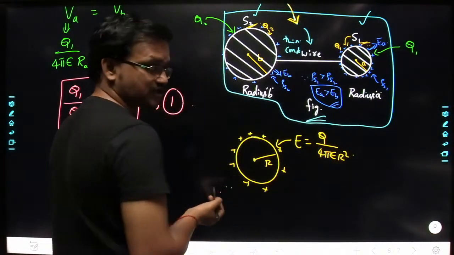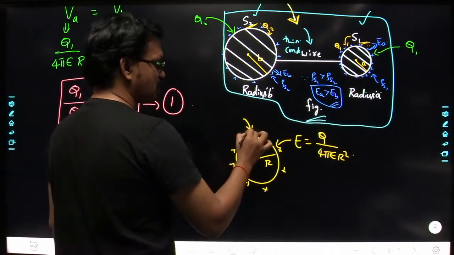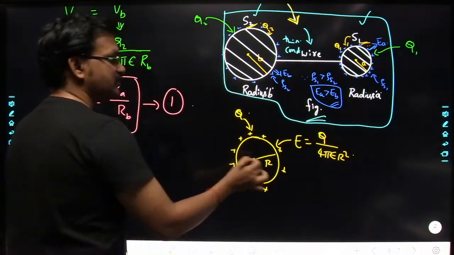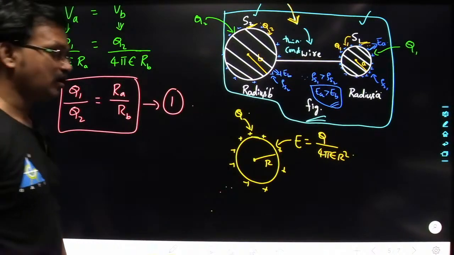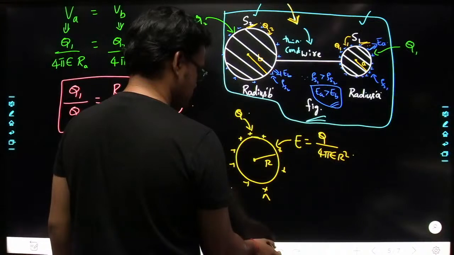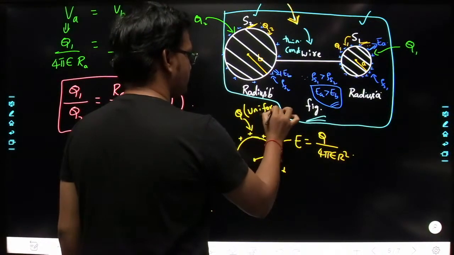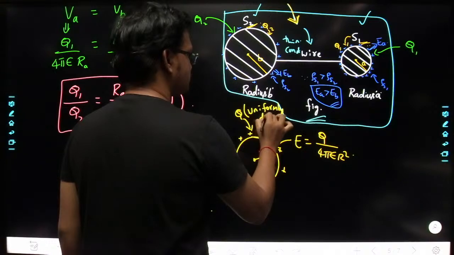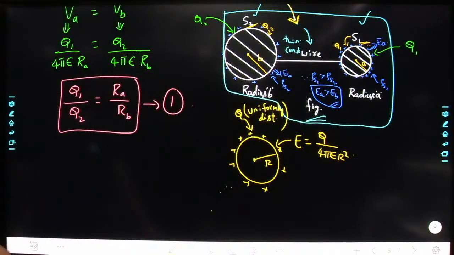Let us assume the charge on the surface of the sphere is Q. This charge is uniformly distributed.